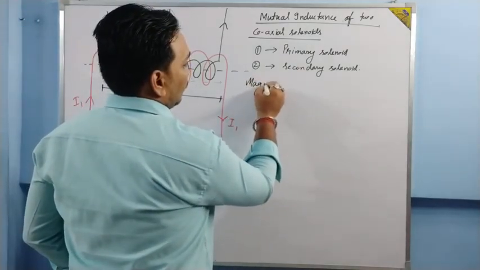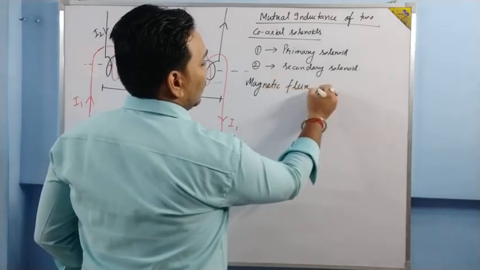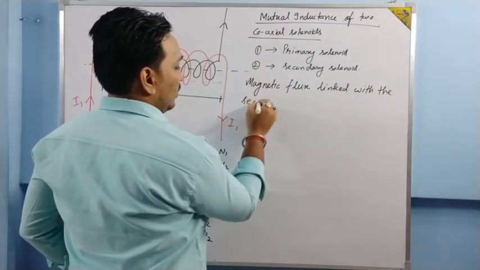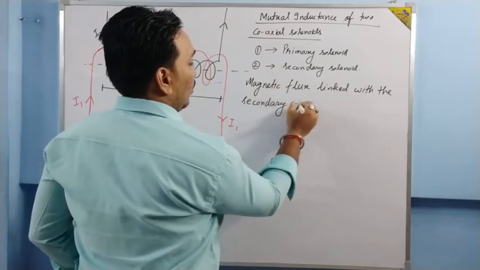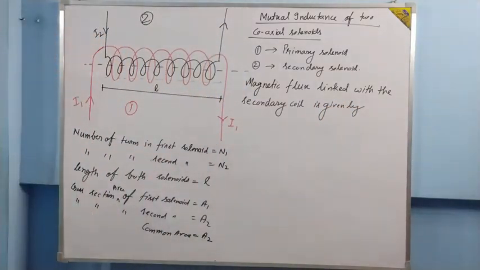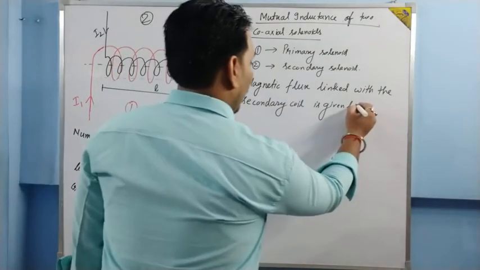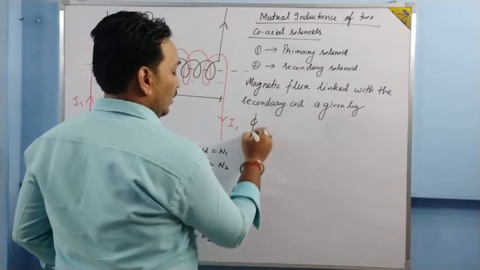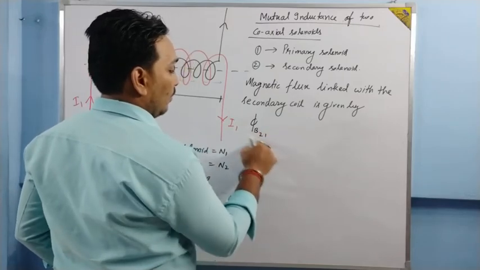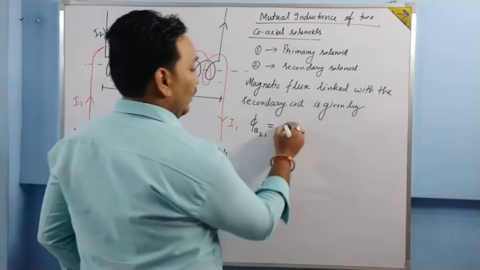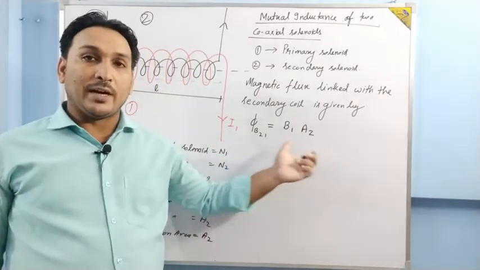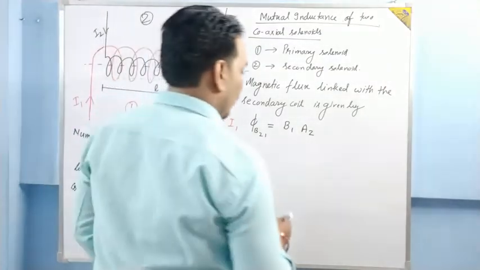The magnetic flux linked with the secondary coil is given by phi B2 due to 1, which is equal to the magnetic field of 1, the area of cross section of 2, so that we can calculate the magnetic flux passing through that area, and cos theta will be 1.